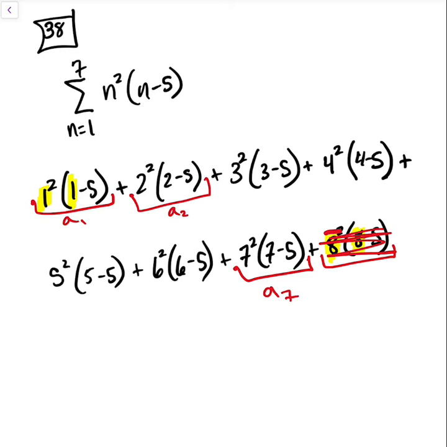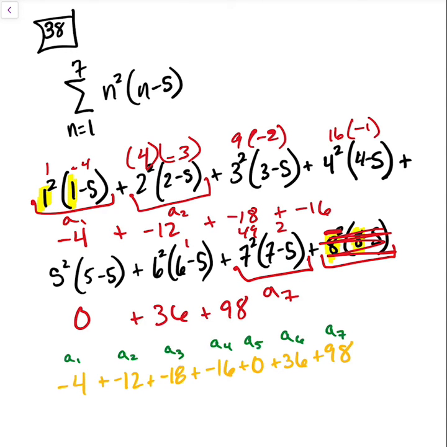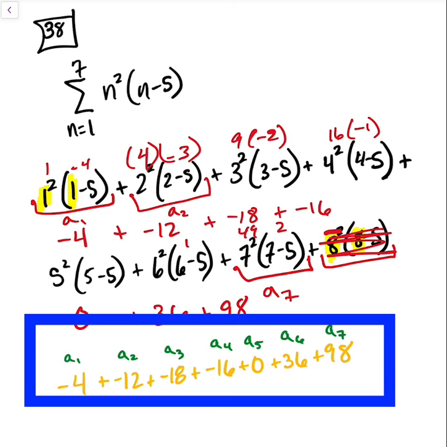Let me find the values for the first ones. That's 1 squared times negative 4, which is negative 4, plus 4 times negative 3, which is negative 12. Here I have listed from A1, my lower bound, to A7, my upper bound.